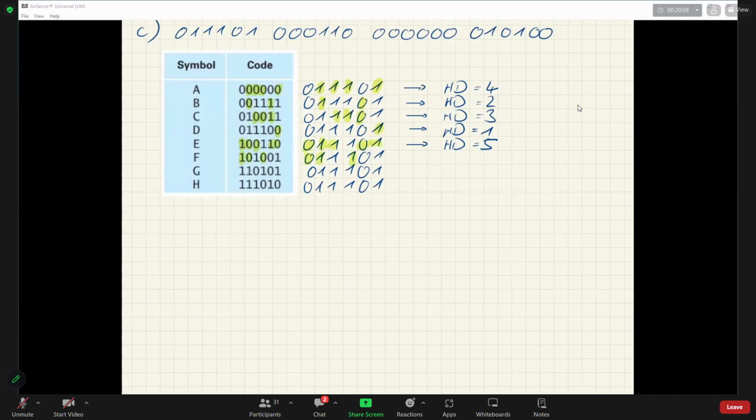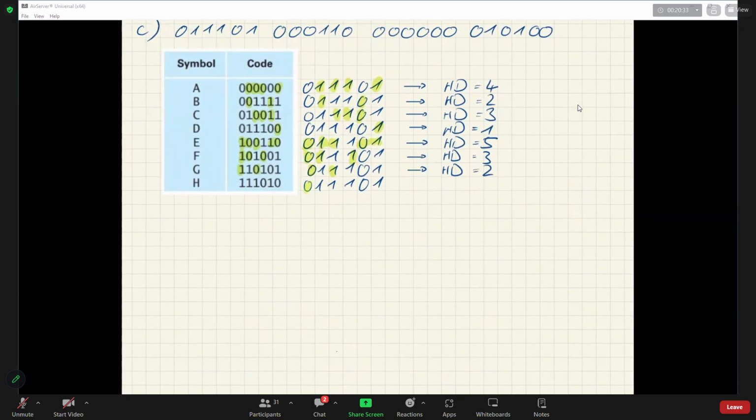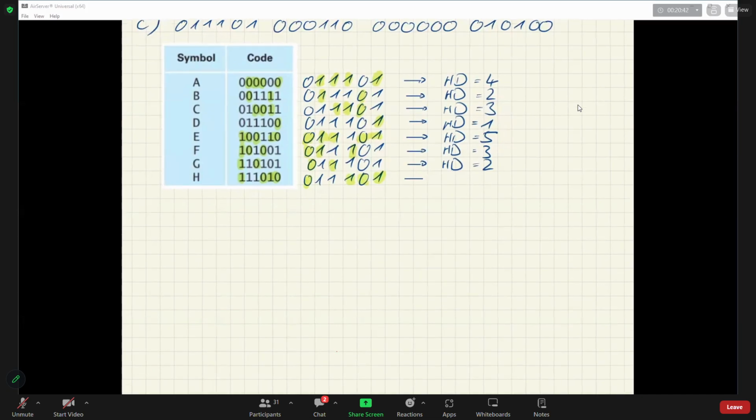So the Hamming distance is 3. For the next bit pattern, 1, 1, 1, 0, 1, 1, 0, 1. So here the Hamming distance is 2. And for the last one, so 0, 1, 1, and then 1, 0, 1. So here the Hamming distance is also 4.